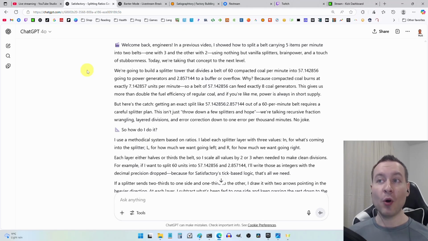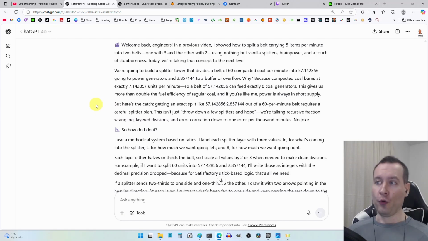This gives us more than double the fuel efficiency of regular coal, and if you're like me, power is always in short supply. But here's the catch. Getting an exact split like 57.142856 to 2.857144 out of a 60 per minute belt requires a careful splitter plan.